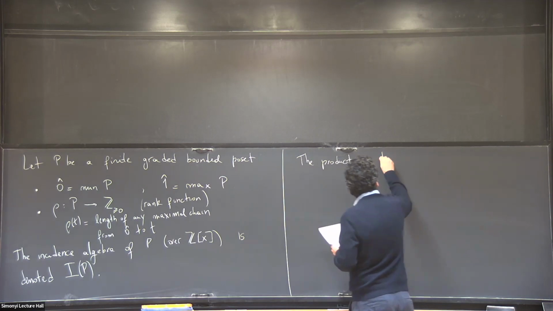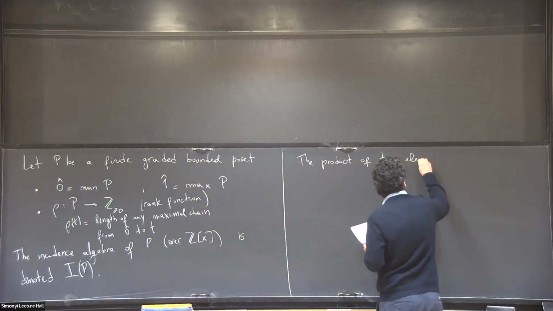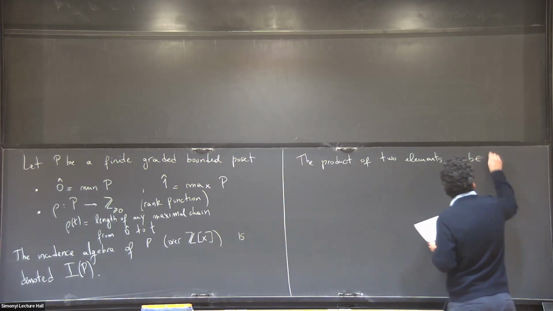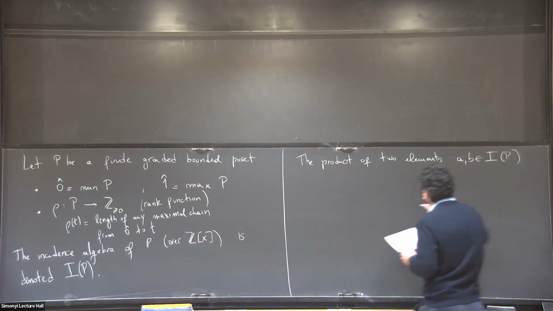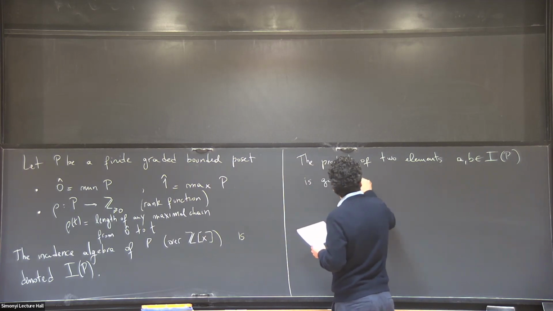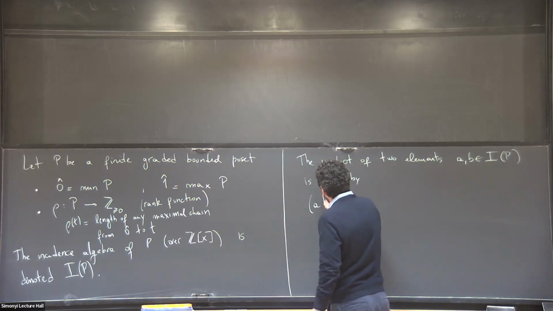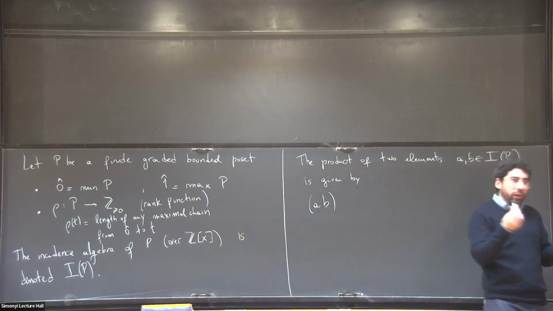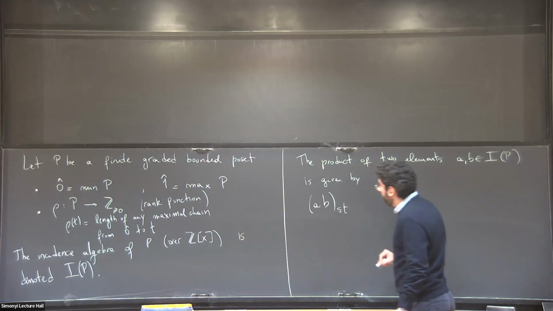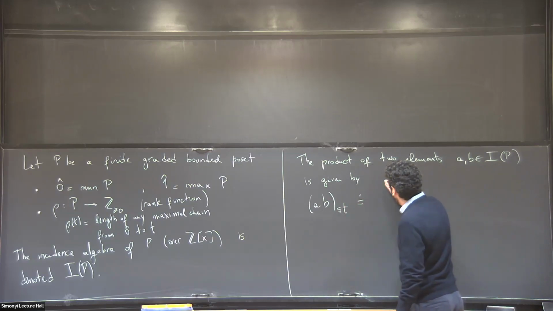And yeah, in case you want to know this precisely, the product of two elements A and B in this incidence algebra is given by the following. I have to tell you what the product is at each closed interval. So AB at the closed interval [S,T] is by definition the sum over all the elements W that lie in the interval.